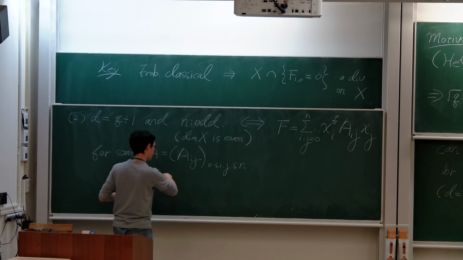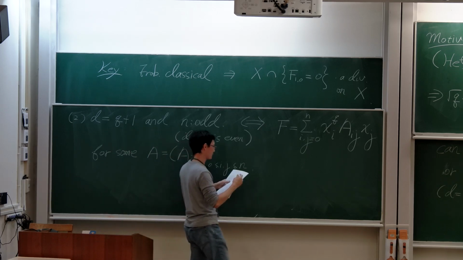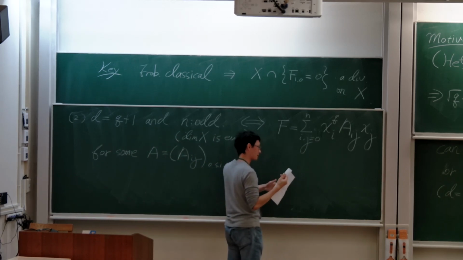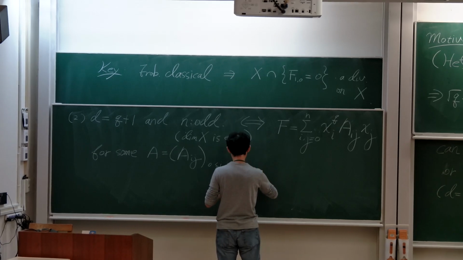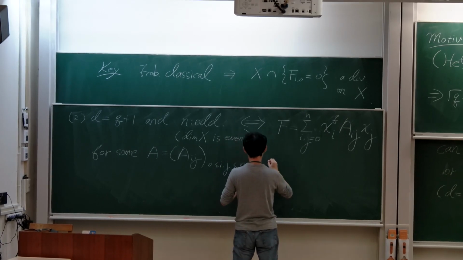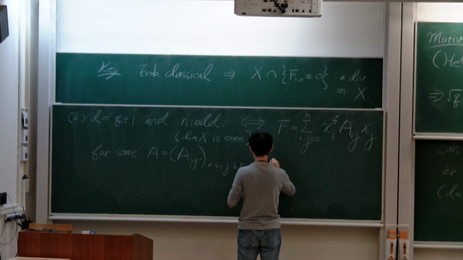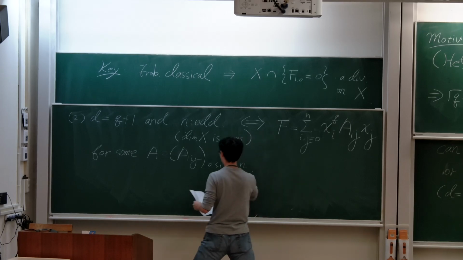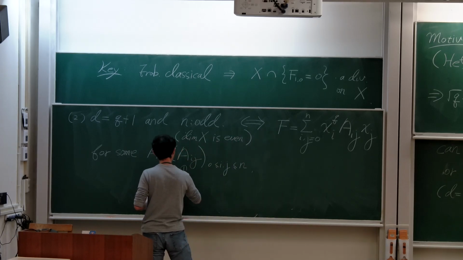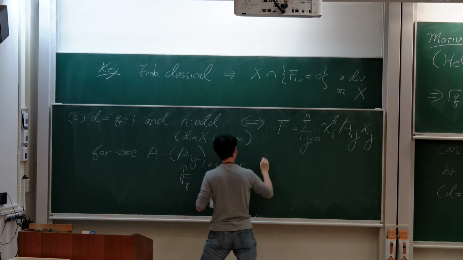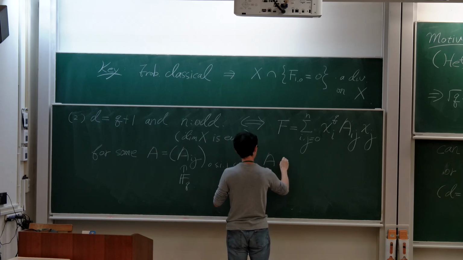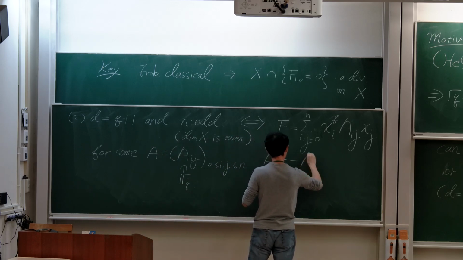For some square matrix which is antisymmetric, but because it's possible that the characteristic is 2, we need to be careful what we mean by antisymmetric. First of all, the entries are all in the ground field FQ, and antisymmetric means this happens.